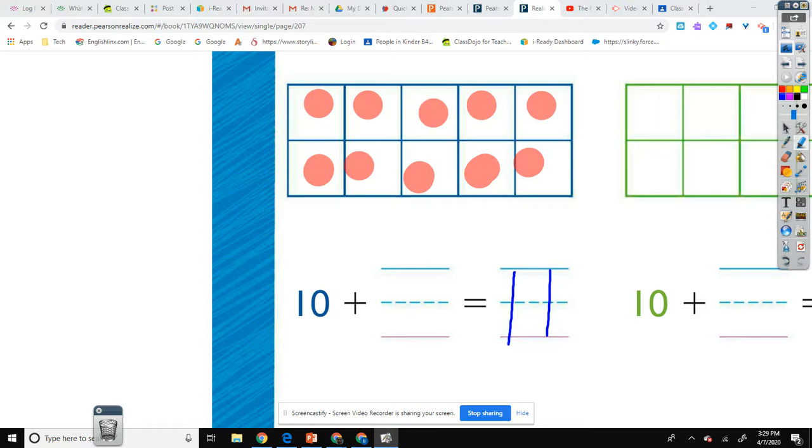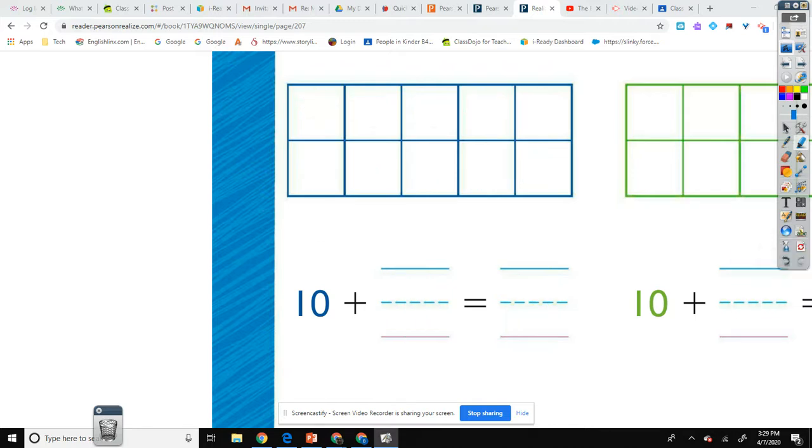So how do you make 11? Well, you need to add one more. You have 2 hands, then you get 1 finger, that's 11. 10 plus 1 is equal to 11. A 10 frame plus 1 is equal to 11. So it's 1 because it's outside of the 10 frame, right? All right, let's do the next one.